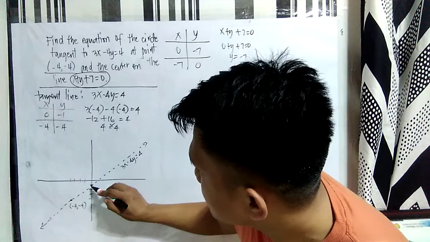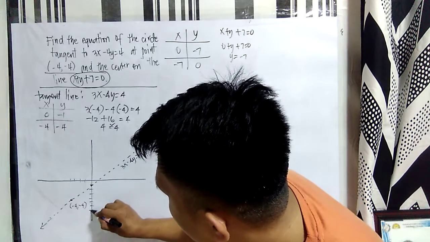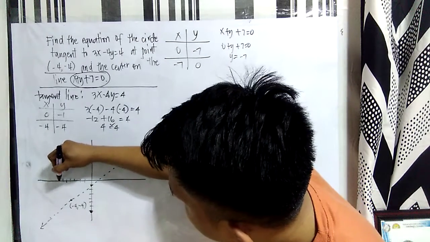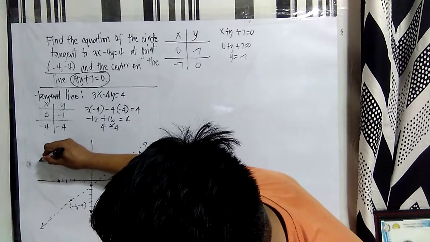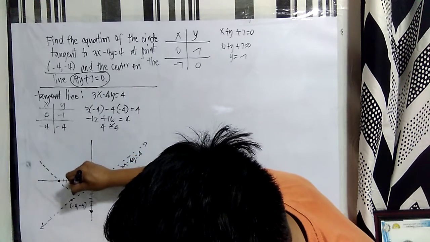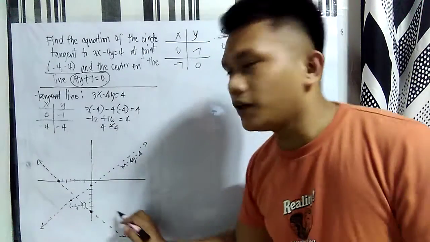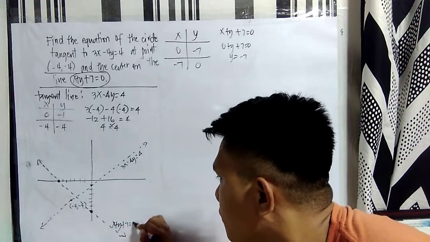So meron tayong (0, -7) and meron tayong (-7, 0). Okay, so ito ngayon ang ating line na tatawaging x plus y plus 7 equals 0.